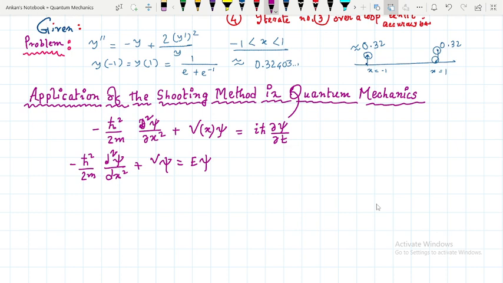So let us remodel the above equation so that I can solve it in a simple way. After rearranging this, d2 psi dx2 can be left on the left hand side, and all the terms can be taken to the right hand side like this, and this is E minus V(x) psi.